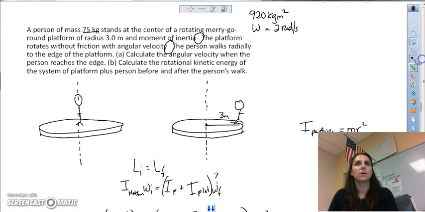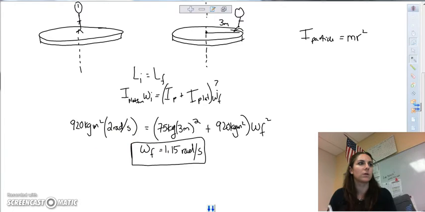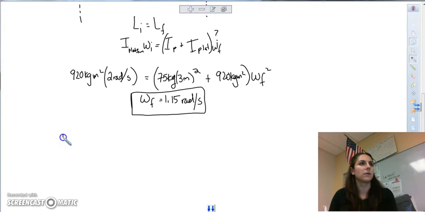Then it says calculate the rotational kinetic energy of the system of the platform plus person before and after that person's walk.